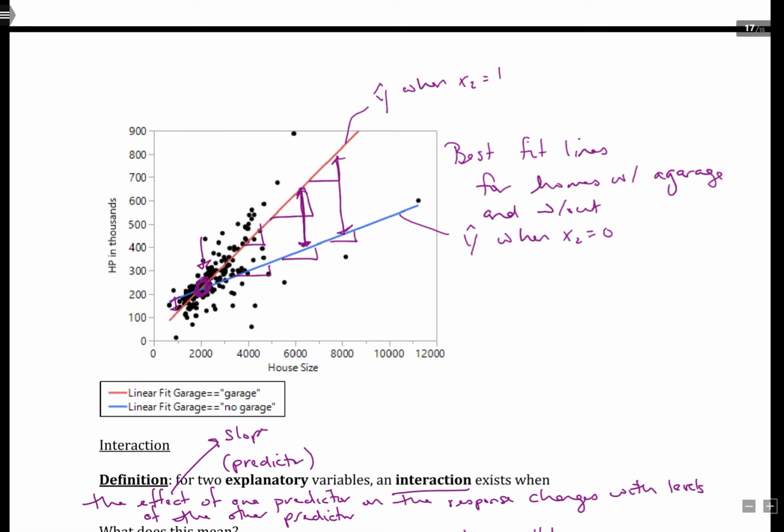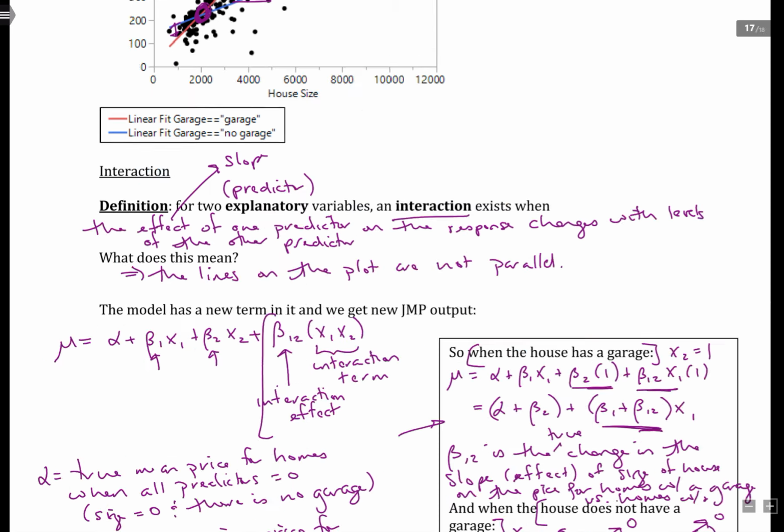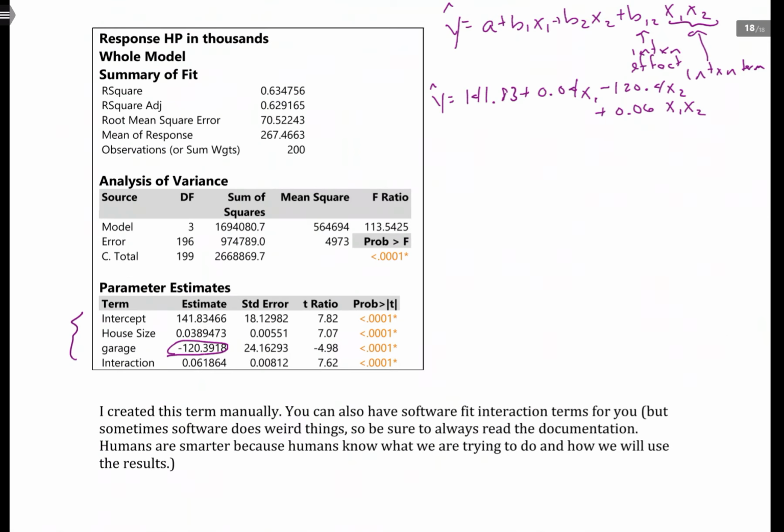Yep, so the red line is going to cross the y-axis lower than the blue line, and that's because the two lines intersect somewhere in the plot. This does not mean that the red line is always going to be lower than the blue line, right? So it no longer has that constant lower average for homes with a garage than homes without a garage anymore, because we have this interaction term.